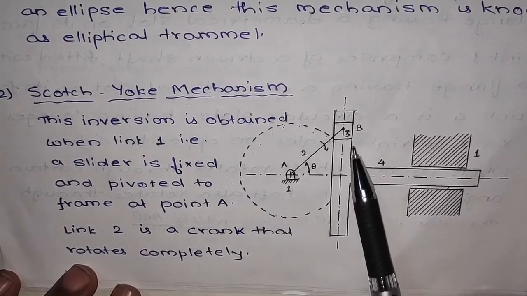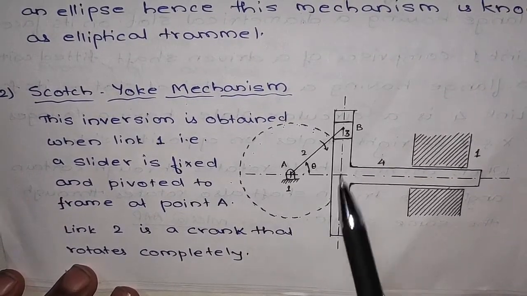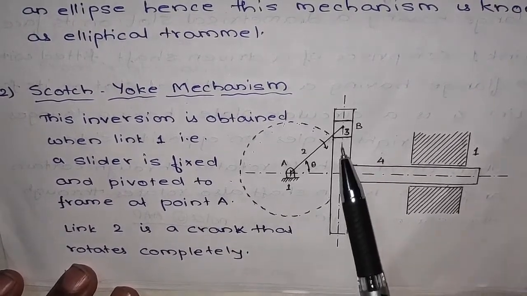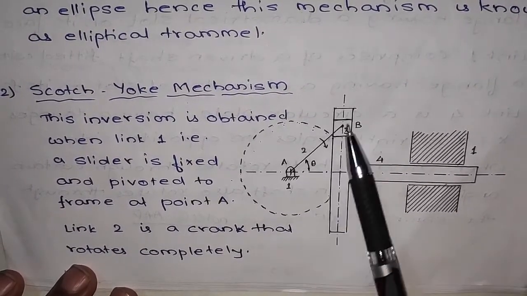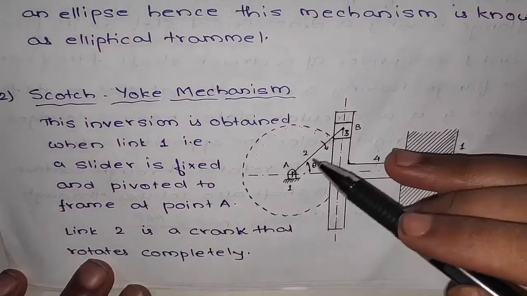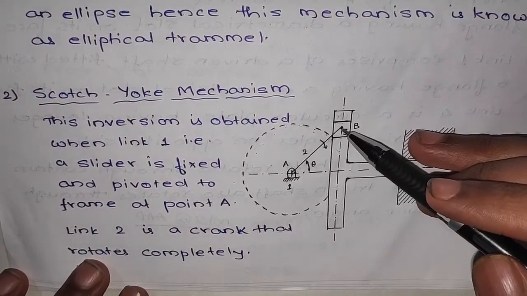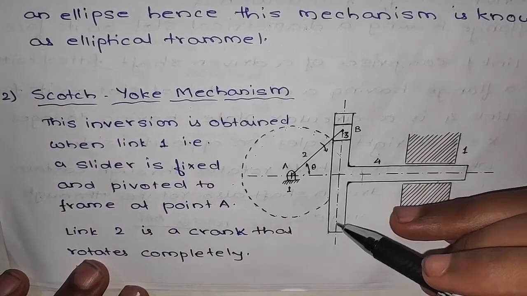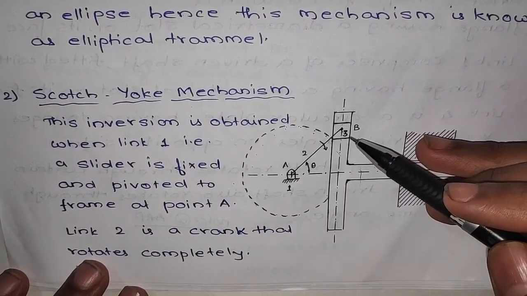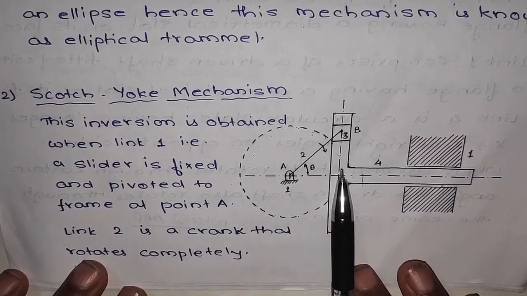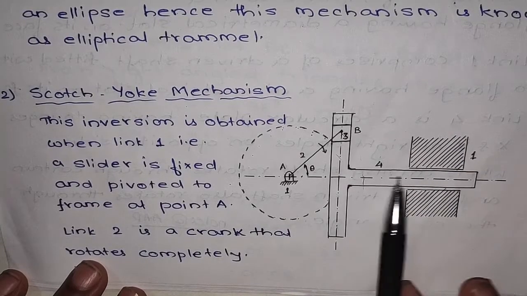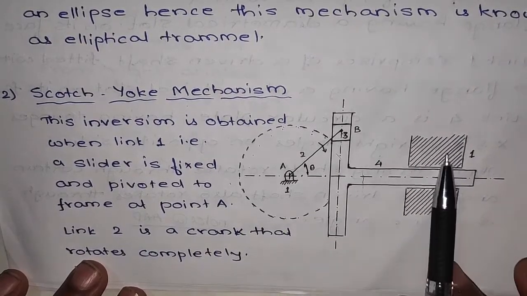So rotation of this link 2 will make the slider 2 oscillate in this frame. And since this link 2 will also rotate in circular, so this point 3 will also move in circular motion. Thereby at every instance the slider will try to push this T frame in this fixed link 1.